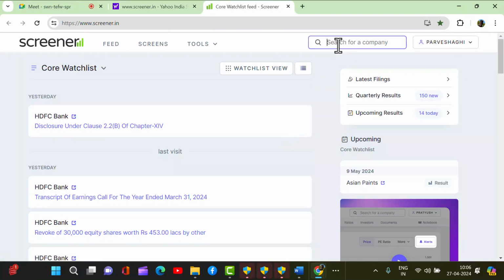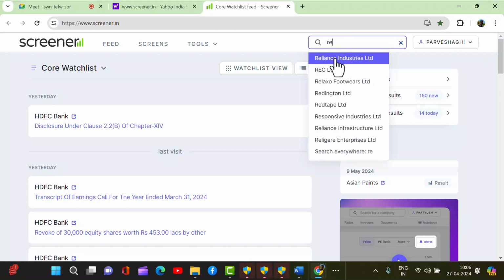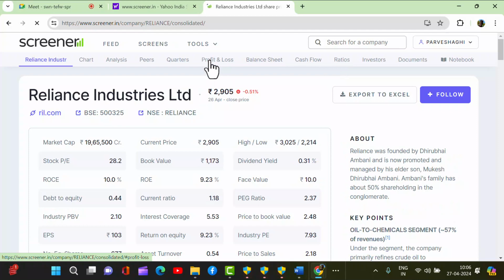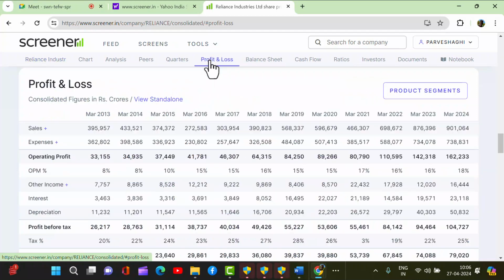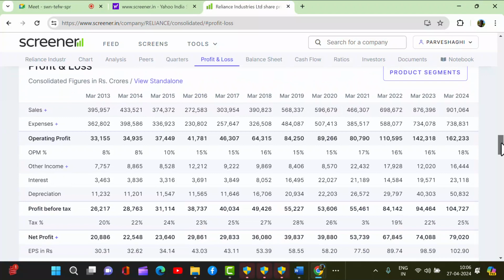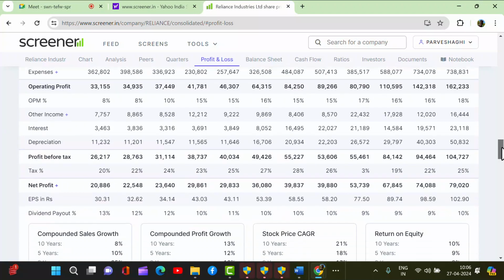Suppose we take Reliance, which recently announced its results. You go to the profit and loss account. How much net profit has the company shown for this year, 2023-24? Anuj? 79,020 crores. This is the profit Reliance has shown. So we start from this profit.